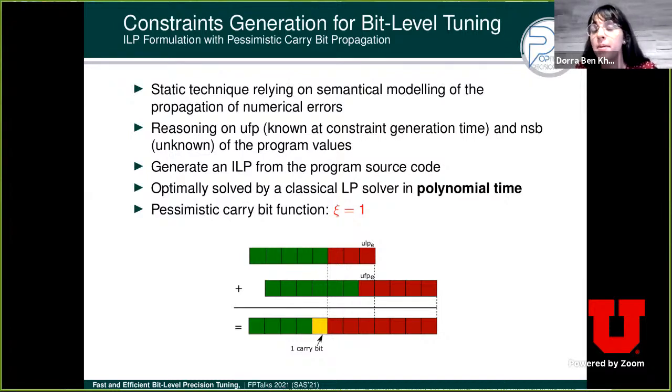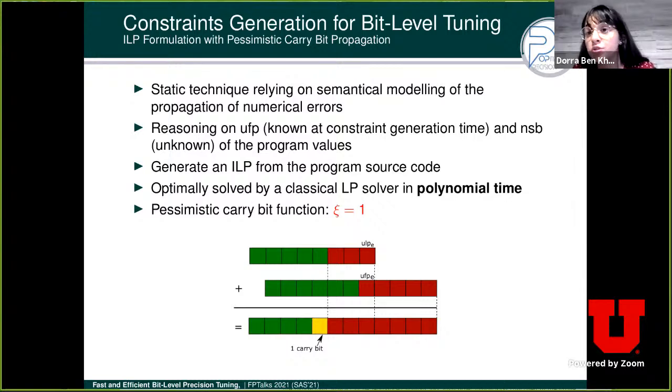By reasoning on the UFP of the program values, which I recall are known at constant generation time thanks to range analysis, and by reasoning also on the NSB of the program values, which are unknown, except for the NSB of the result, which is given by the user, POP is capable to generate an ILP problem, which can be optimally solved in one shot by a classical linear solver.